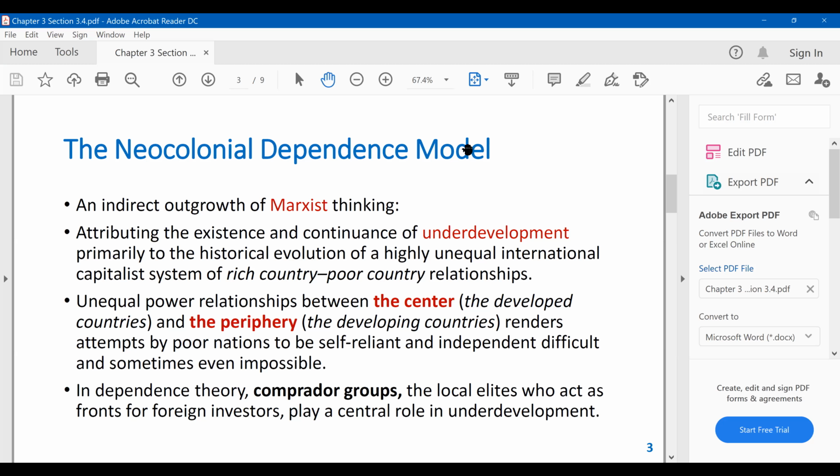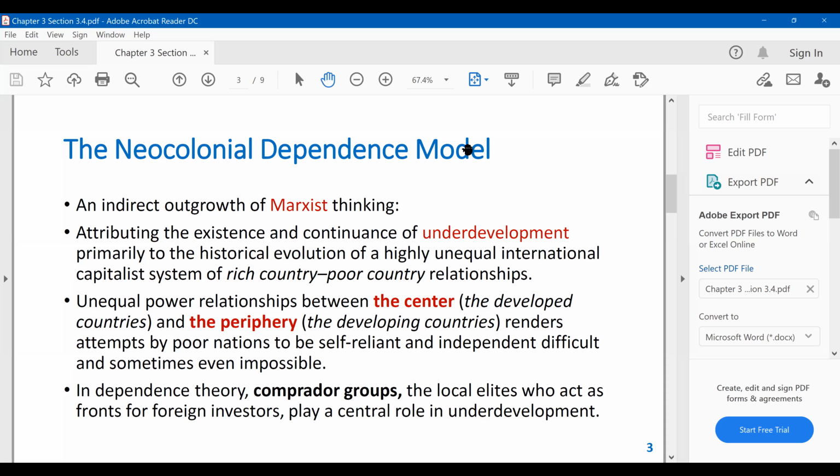In fact, there are approaches that say there are center countries and there's the periphery of the center. So the center can be further classified into two sets of countries: the center of the center, such as G7 countries, and the periphery of the center, the countries that are still rich and powerful, but not as powerful as the center of the center.